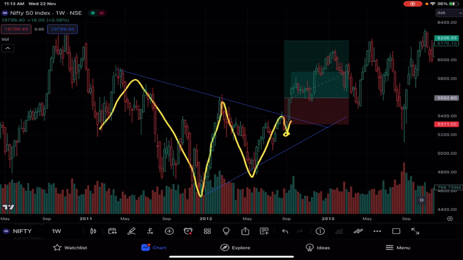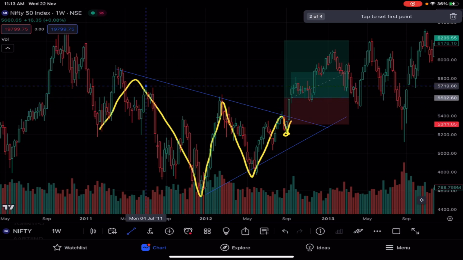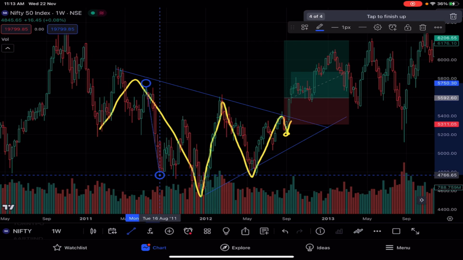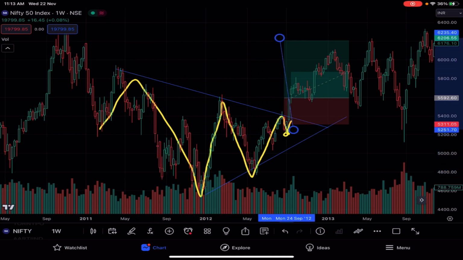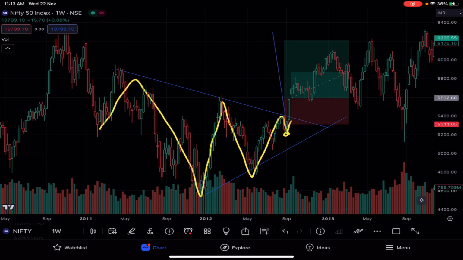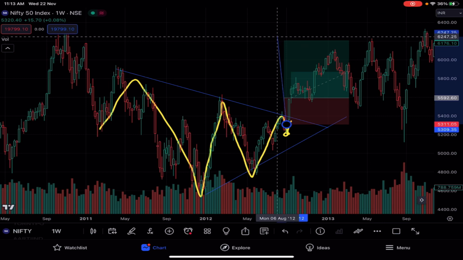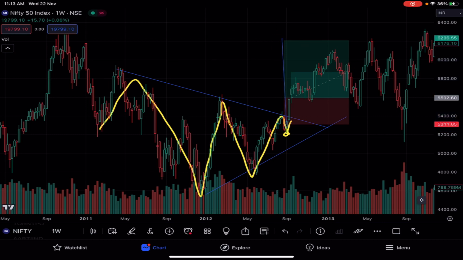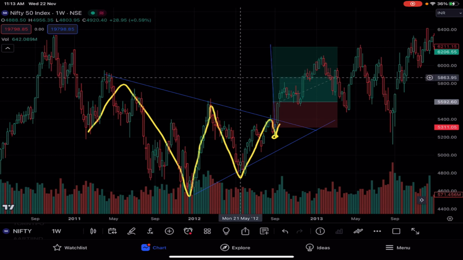You would measure from the apex, the first high to the low, let's say that is this much, and you would place it at the breakout area, which is like here. Yeah, so would that have been met? Let me check.